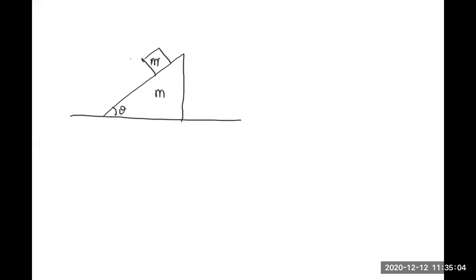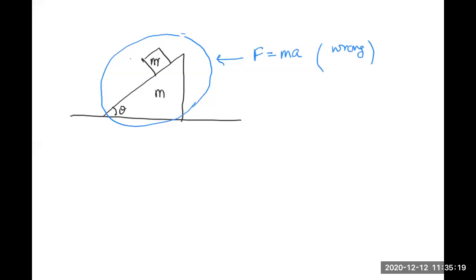You cannot say that, look, I will choose this as the system, and I will apply F is equal to ma on this system. This would be wrong. Let me not use the word wrong, let me use the word useless. So this will be useless.